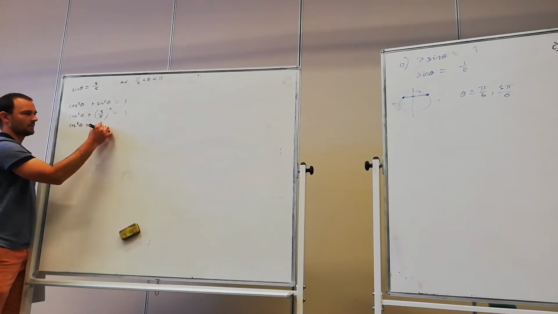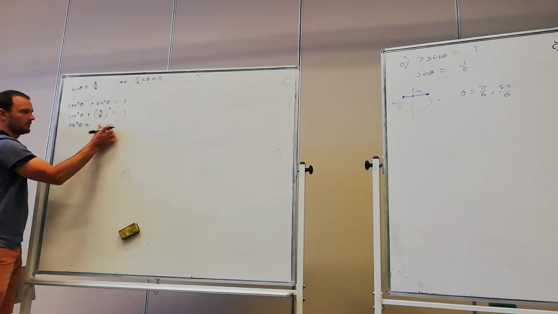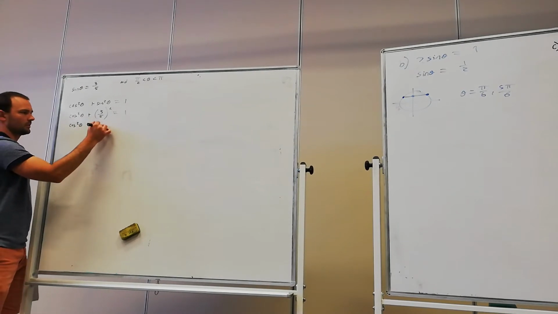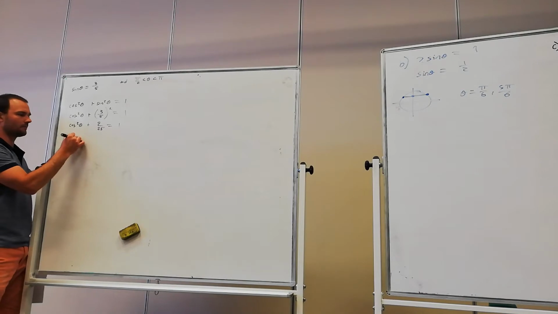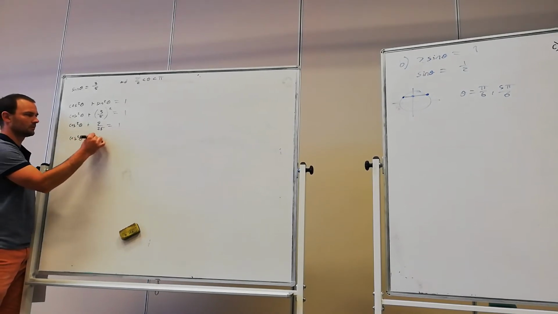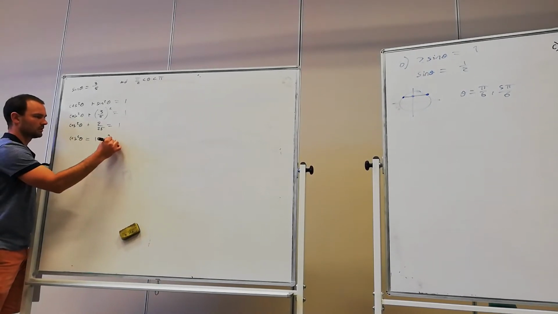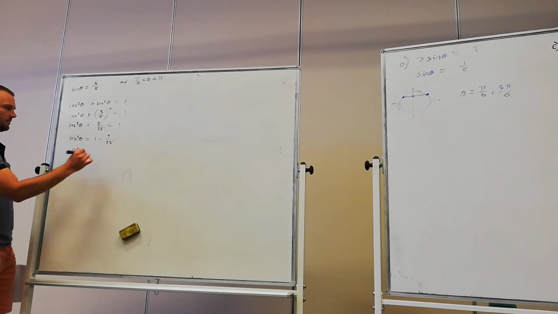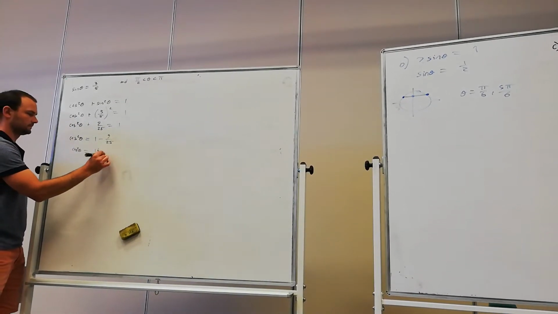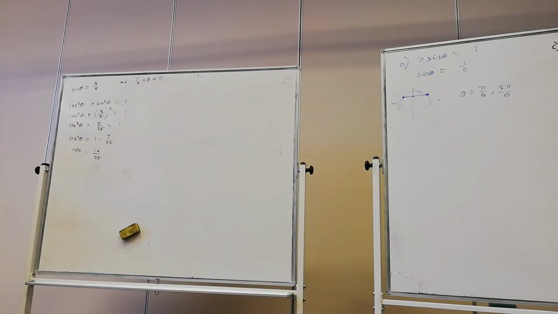That's going to be 9 on 25. So cos squared theta plus 9 on 25 equals 1. We subtract 9 on 25 from both sides, and so we've got cos squared theta is 16 on 25. Square root both sides.